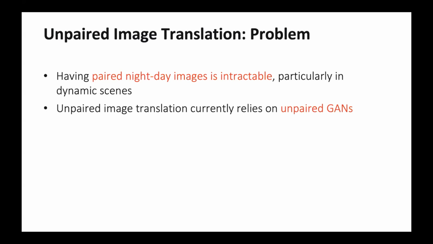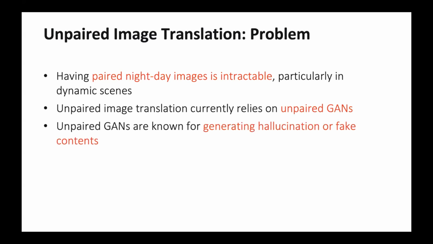And unpaired image translation, which is used a lot these days, relies on unpaired GANs. So we have to use unpaired GANs, which means that the nighttime and daytime scenes are different, but we have to use them because we don't have paired images.